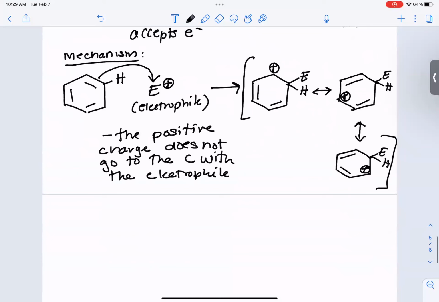Then, okay, you're going to have the hydrogen leave. So here we are going to regenerate the aromaticity.